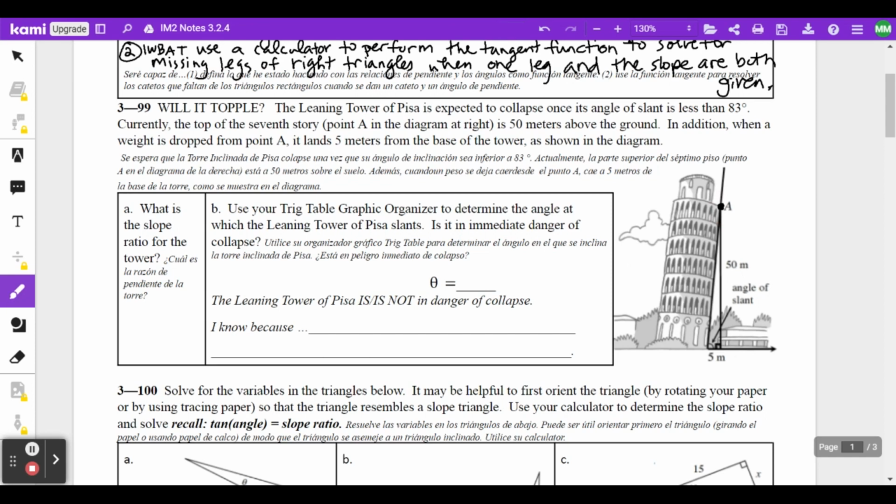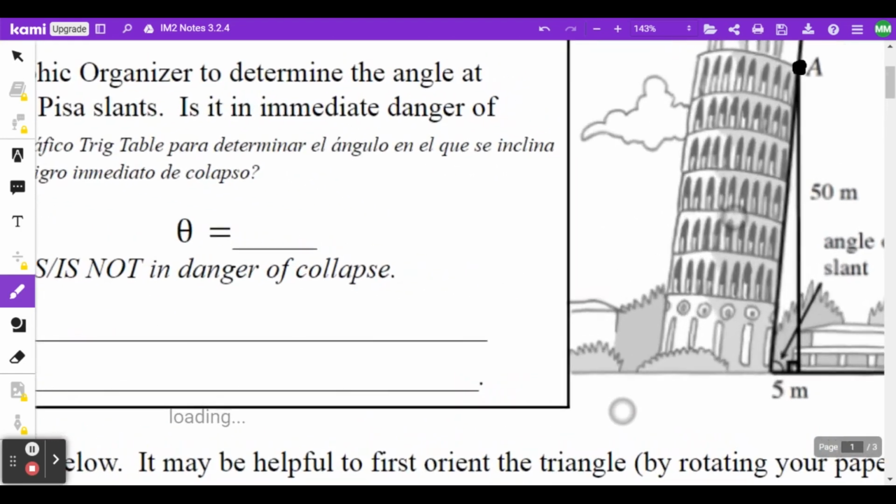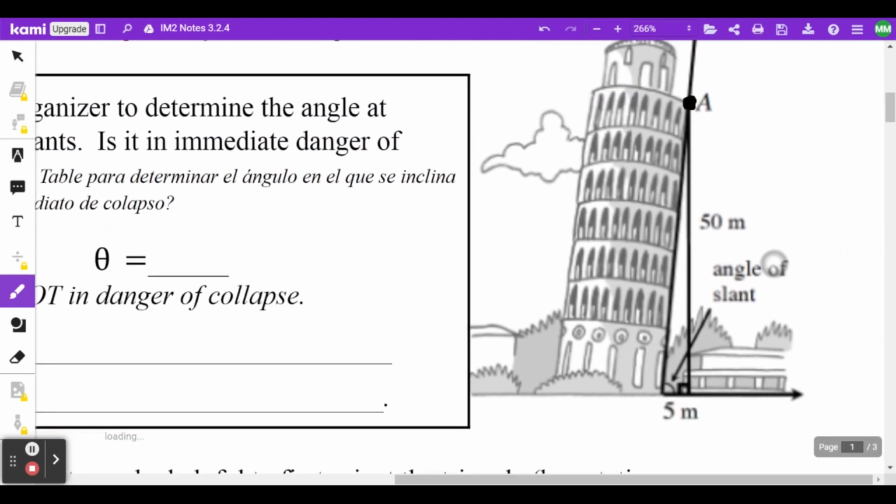Also, when weight is dropped from point A, it lands 5 meters from the base of the tower, as shown in the diagram. So we have this triangle. I'm going to draw it again, because sometimes that can be easier. We have 50 meters by 5 meters.